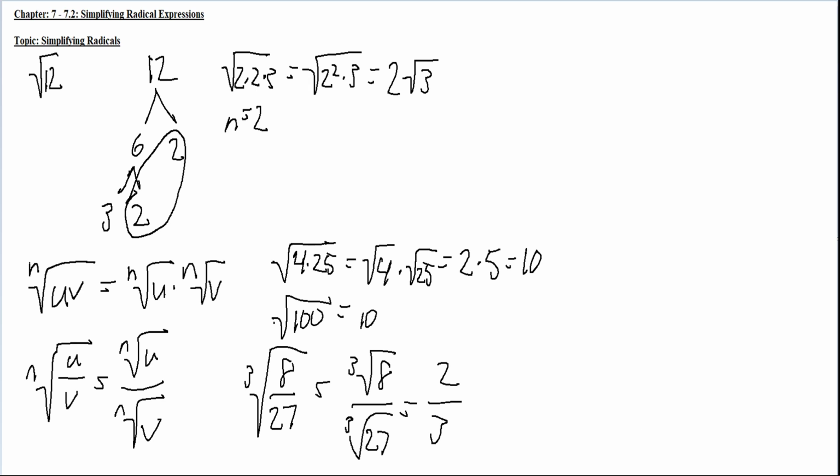Okay, so moving on, if we wanted to look at some examples where we had variables instead, something like the cubic root of 64 times x to the 6, okay? How would I go about solving that?